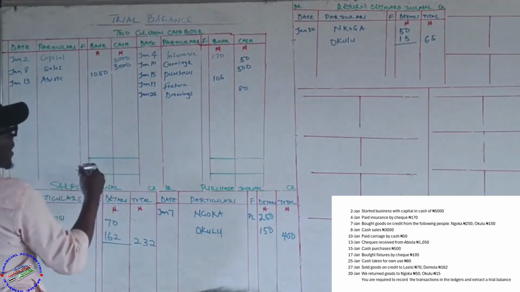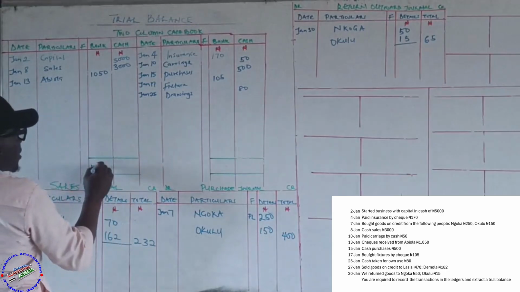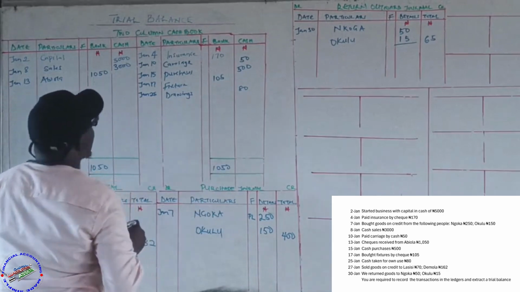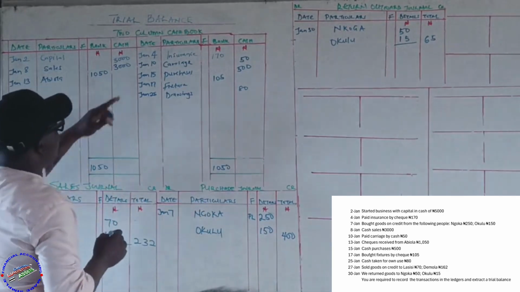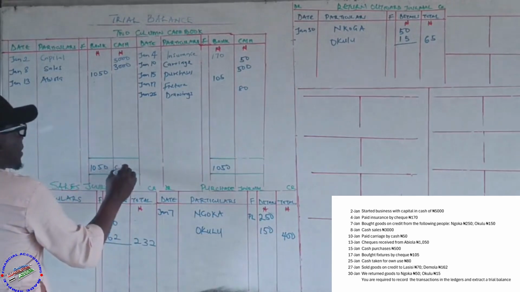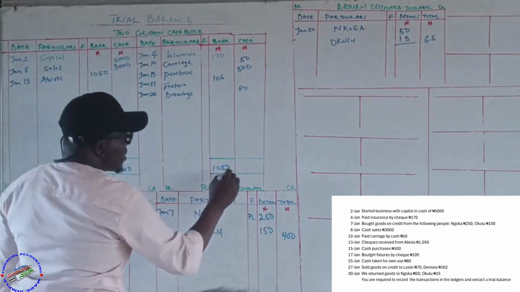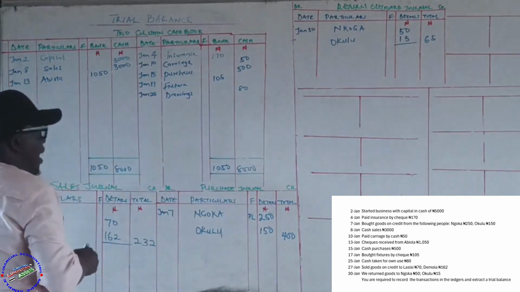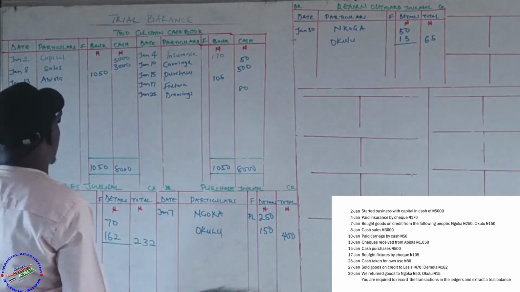So we are going to post the account with 1,015 naira. Likewise, on the debit side of our cash, we had 8,000 naira, which is far higher than what we had on the credit side of our cash book.